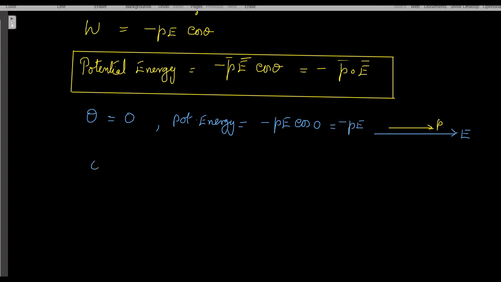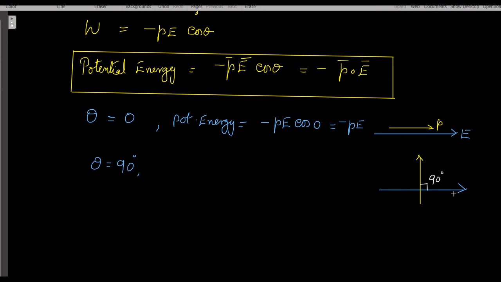Similarly, when angle theta equal to 90 degree, this is the electric field and this is the dipole moment. Here dipole is aligned perpendicular to the electric field. So this angle is 90 degree.